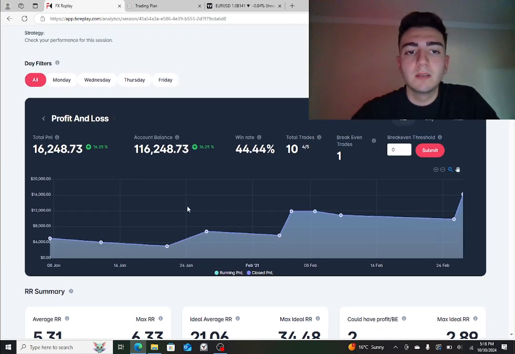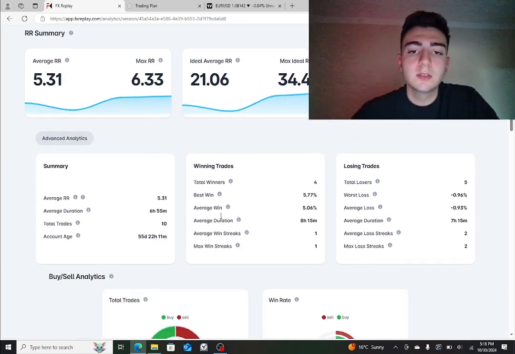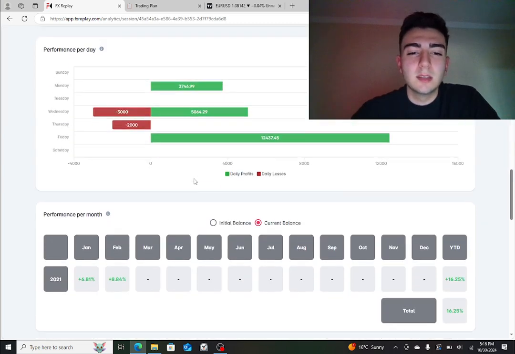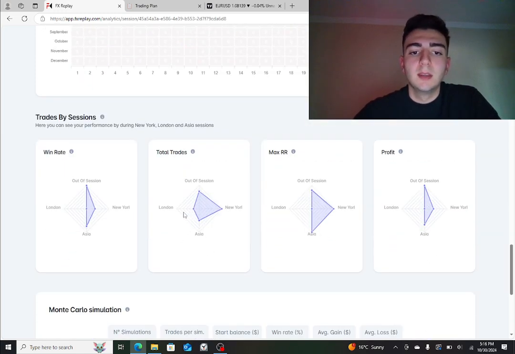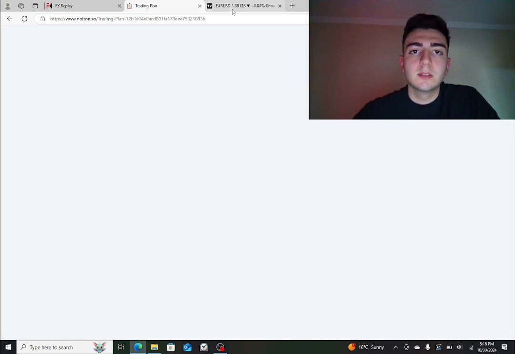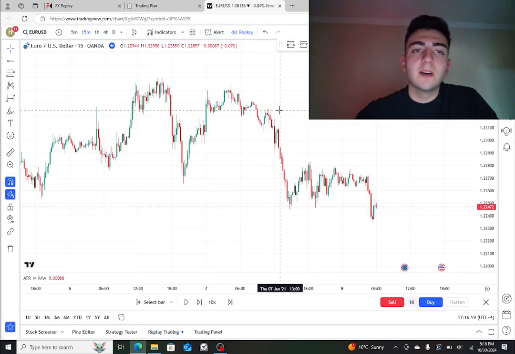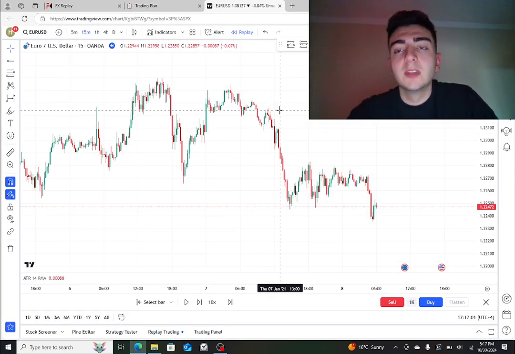That would be over $70,000. That would be like $80,000. Here's the statistics if you're interested. 6%, 8% in 2 months, so 6% in January and then 8% in February. So that's interesting. This is a more refined way of my break of structure Fibonacci tool retracement strategy.